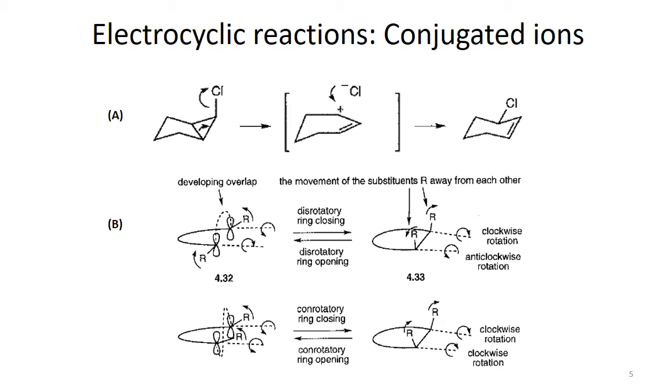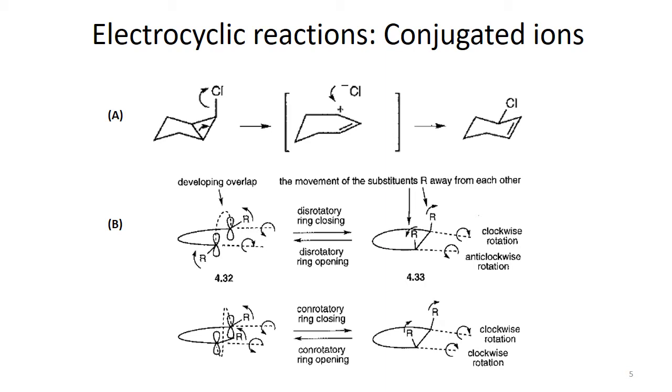But this intermediate, we don't really have this allyl cation present in the system. We propose this mechanism because we say that as soon as this intermediate is formed, it again captures the chloride ion present in the near vicinity to form this chloro cyclohexenyl type compound.